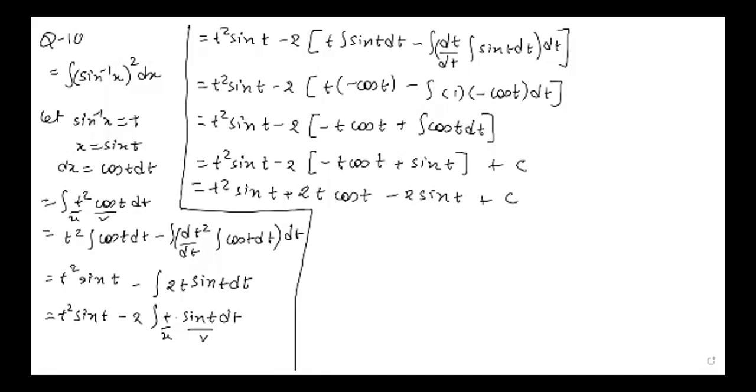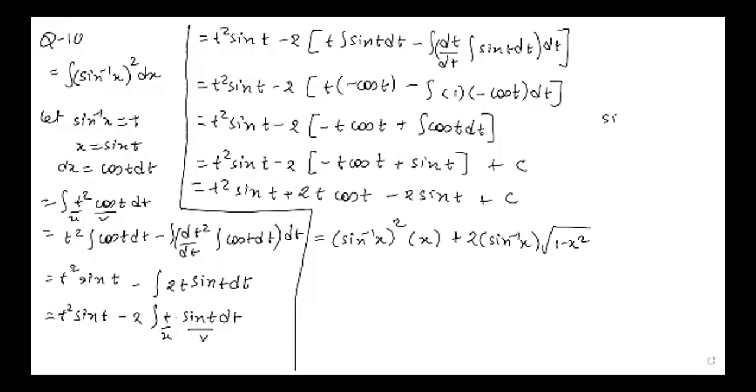Now I have to replace the values too. So t square will be sine inverse x whole square, whereas sine t will be your x, plus 2 into t is sine inverse x, whereas cos t will be root 1 minus x square.